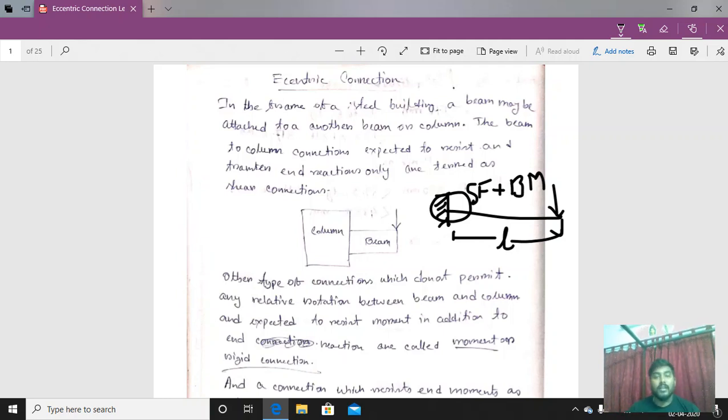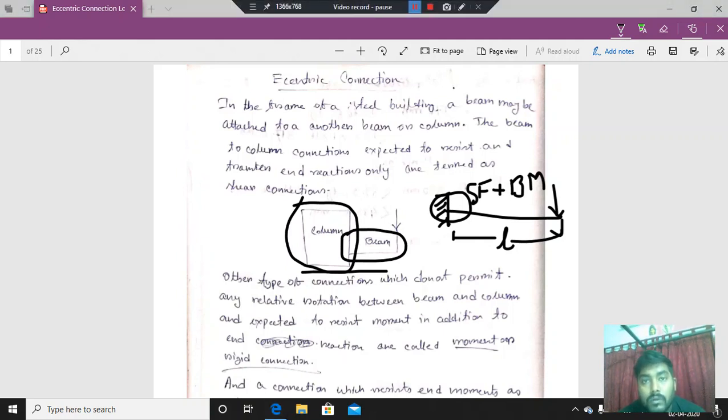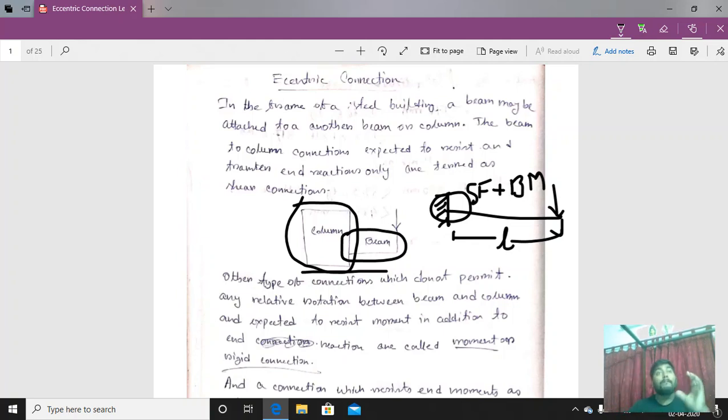In the picture you can see an eccentric connection. Consider this is a column and this is a beam. In a steel building, we have done beam design and column design. At the junction, two beams may be connected to each other, or a beam may be connected with the column, like in this picture.